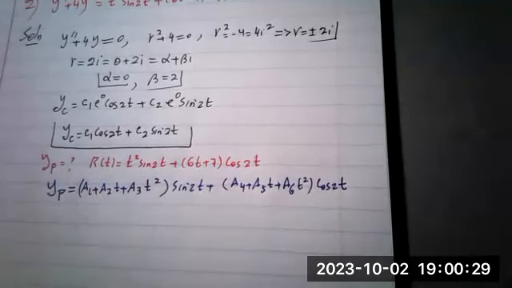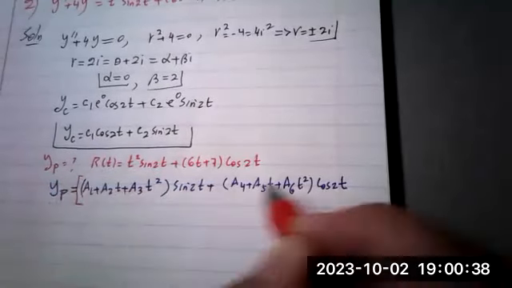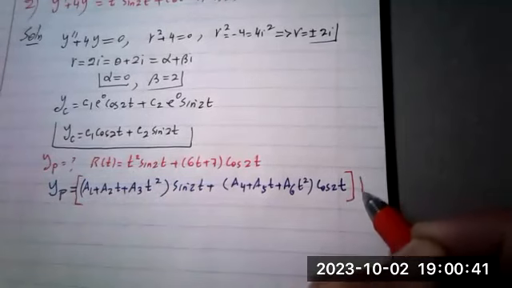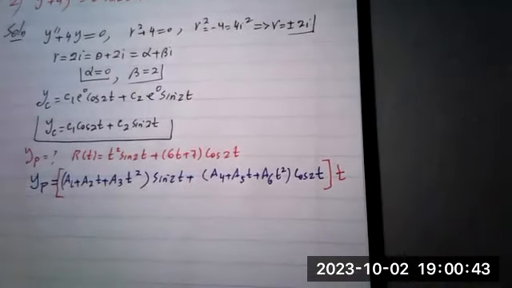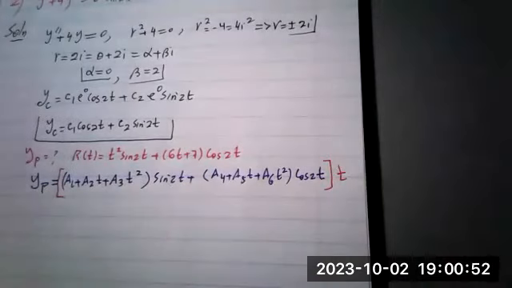So you can multiply both of them by t over here. That would be enough because you raise the power, so there is not going to be any duplication. So that would be the first one that you created over here.